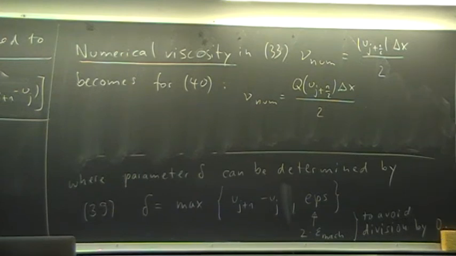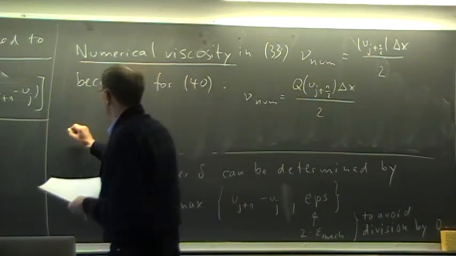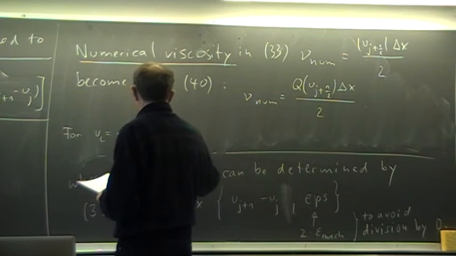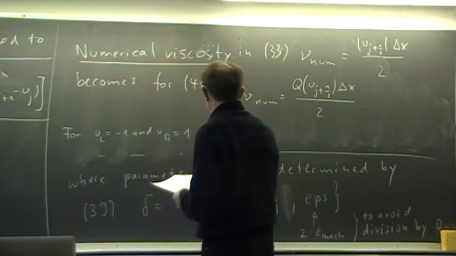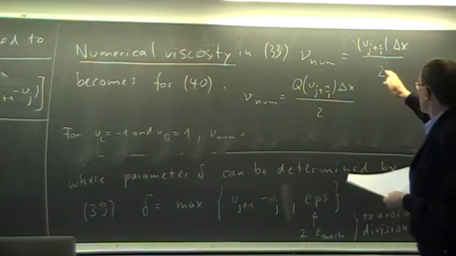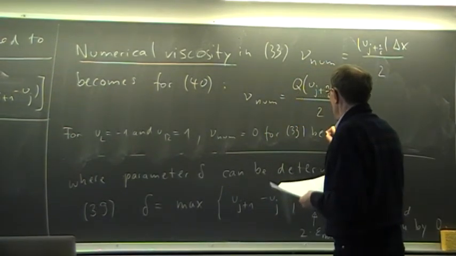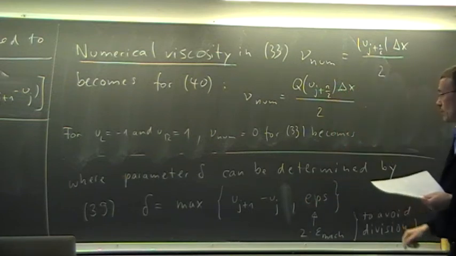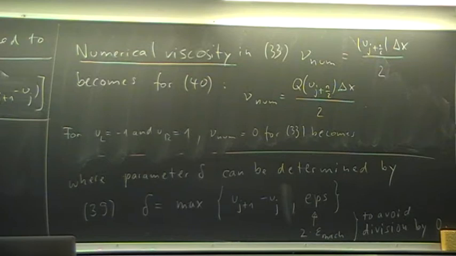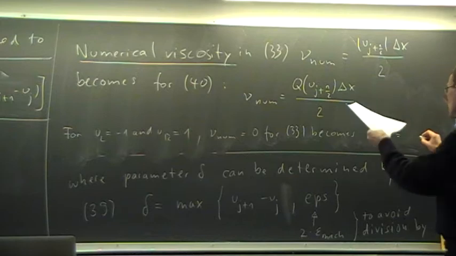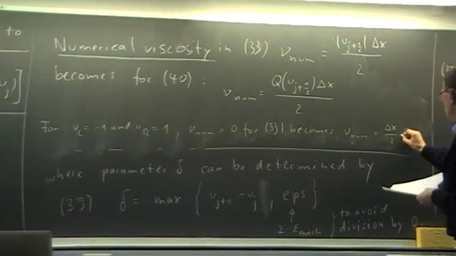For the critical case that we discussed, for UL equal to -1 and UR equal to 1, the new num that we saw in 33 was 0. It becomes, as we discussed, the delta is then 2, and we get the delta half, so it is then 1, so the new num in our case becomes actually delta x half for 40.